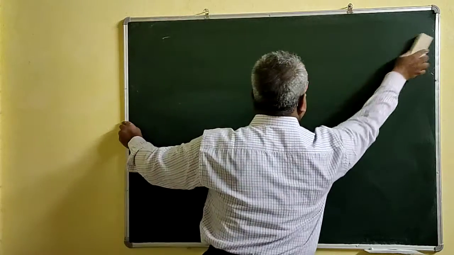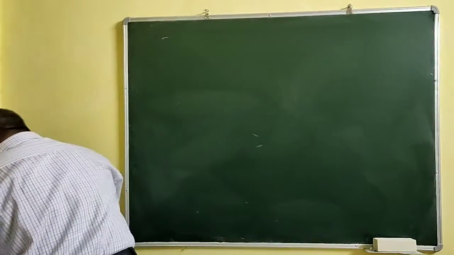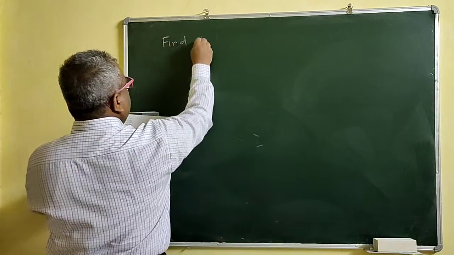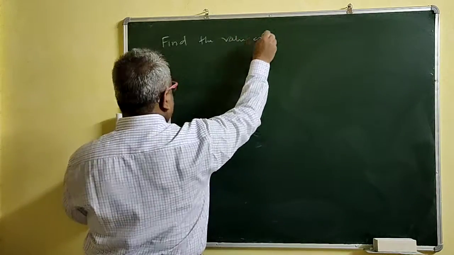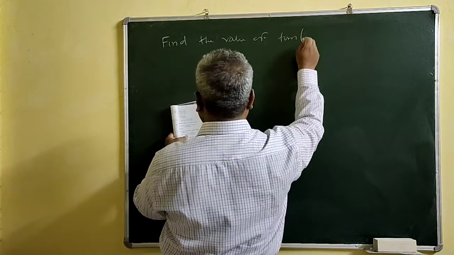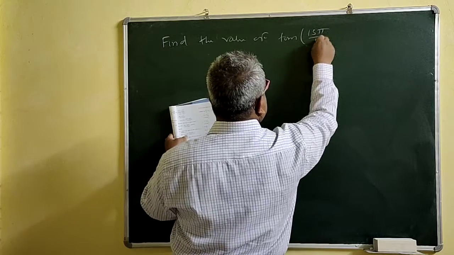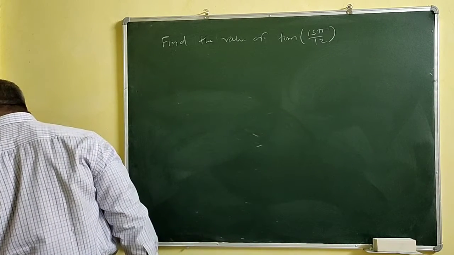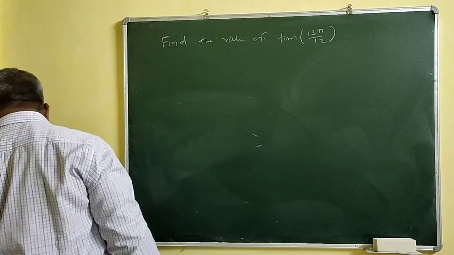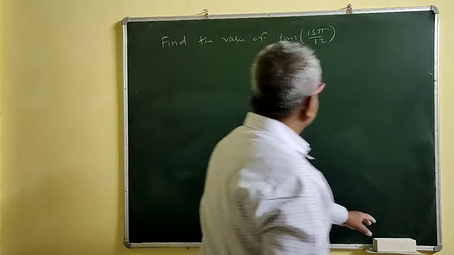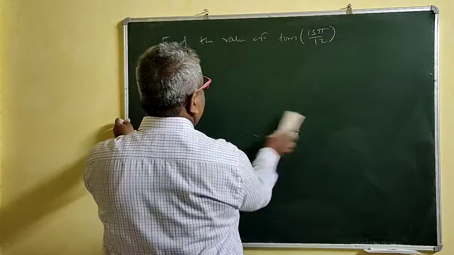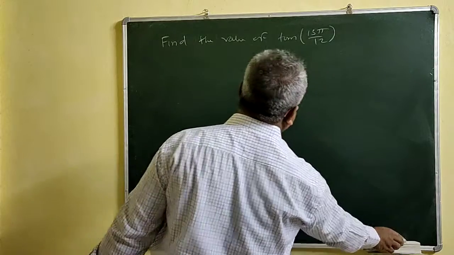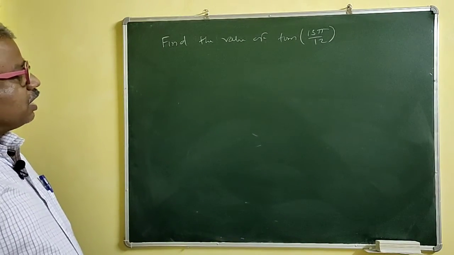Okay, so next. Find the value of tan 13 pi by 12. Okay, so how can we write this in terms of pi by 12 now?